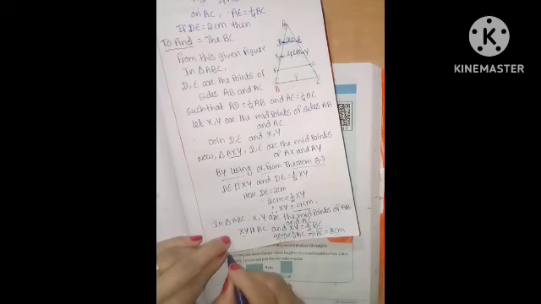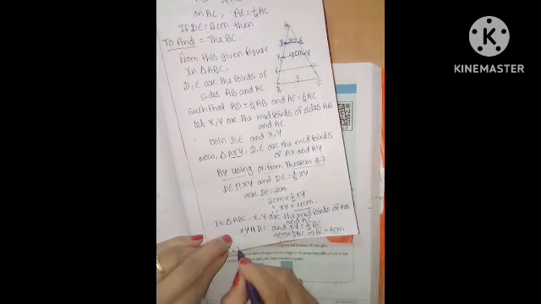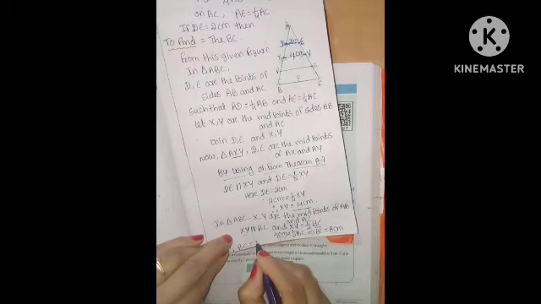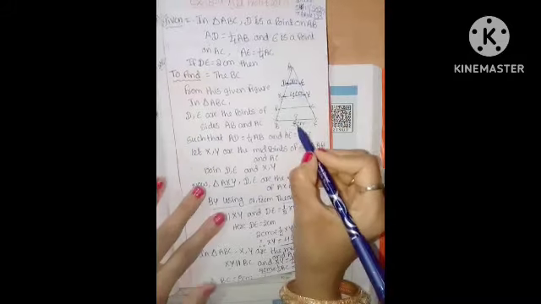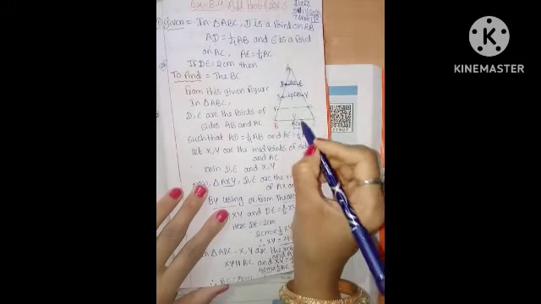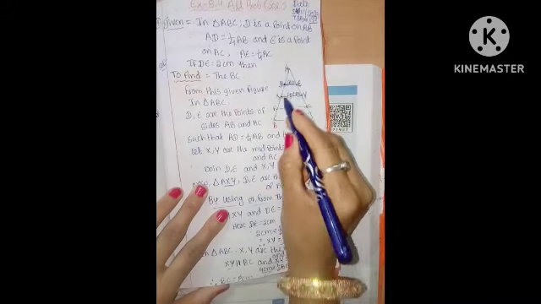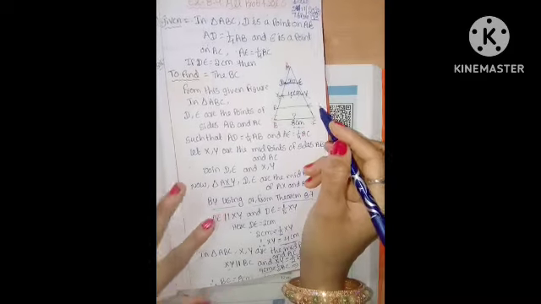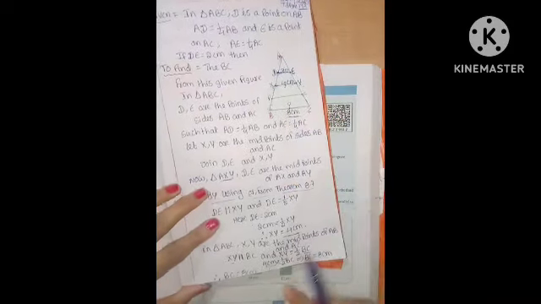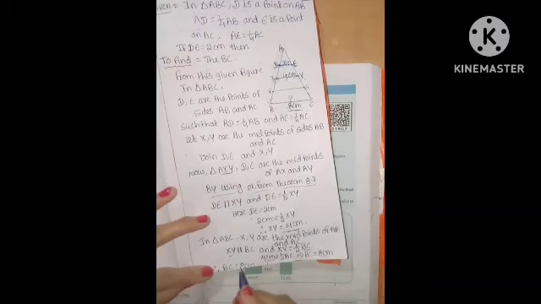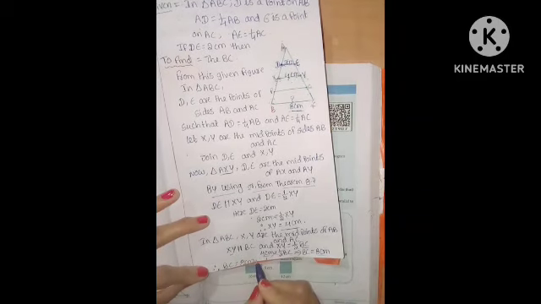Therefore, BC is equal to 8 centimeters. BC, the third side length, is 8 centimeters. XY is the half part only. The length of this side is 4 centimeters and the third side is 8 centimeters. So yes, it is proved.